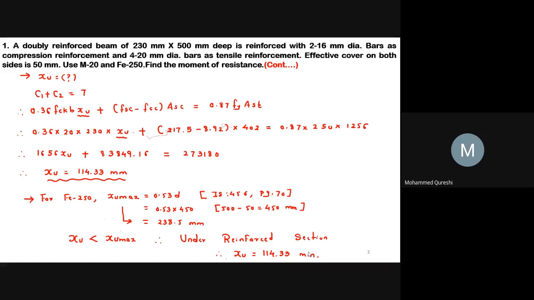Now, as the depth of neutral axis has been calculated by us, we have to go for moment of resistance.